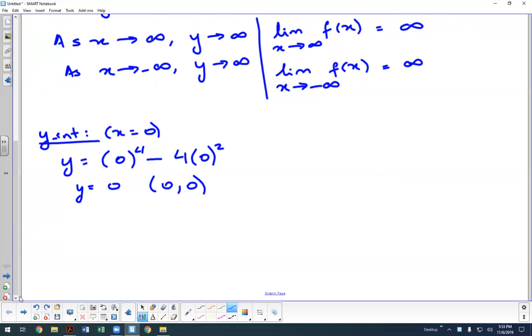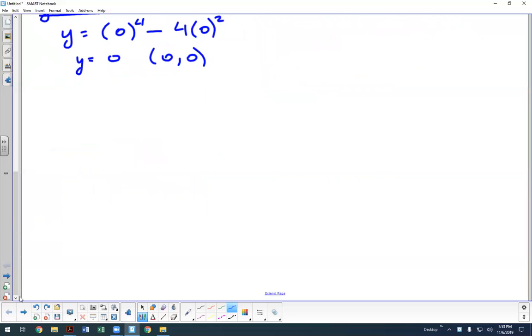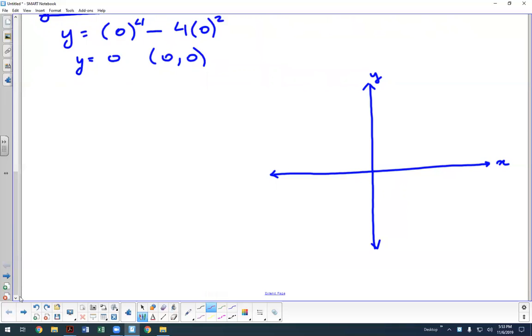So let's actually put this on a coordinate plane and let's see what kind of graph we're looking at. And we can then figure out what other points we should try and plot here. So we know we have our x and y-intercept at 0, 0, right? And then we've got 1, 2, 3, 4, 5, 6, 7, maybe.